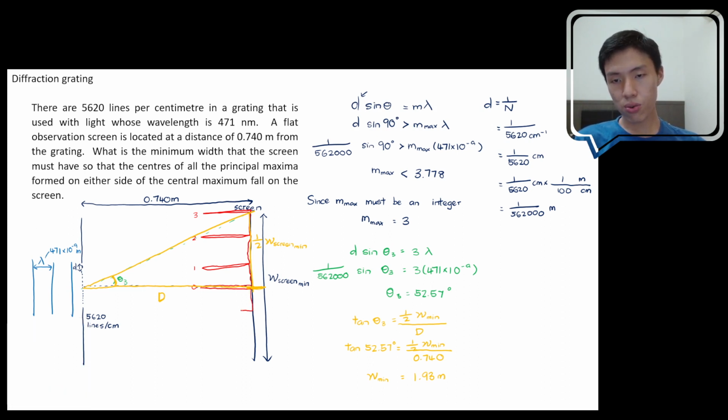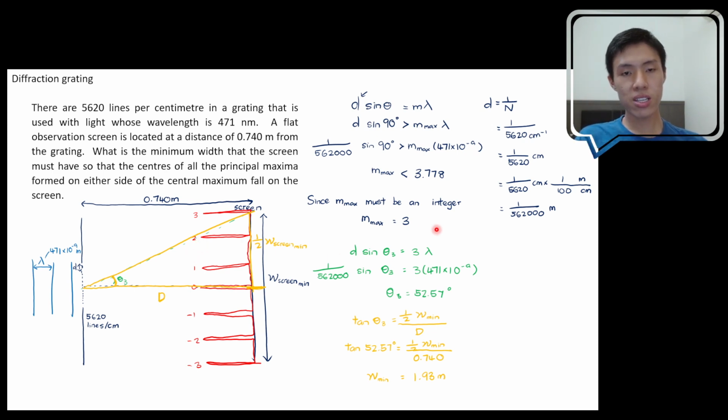The lower half has its first, second and third order bright maxima, so there's -1, -2 and -3, and this completes the whole picture. If you count one by one, you get 1, 2, 3, 4, 5, 6, 7. So there are 7 bright maxima that can be observed.